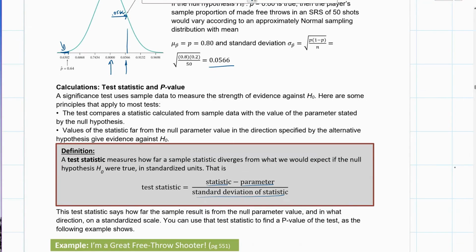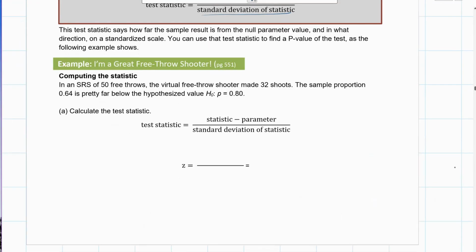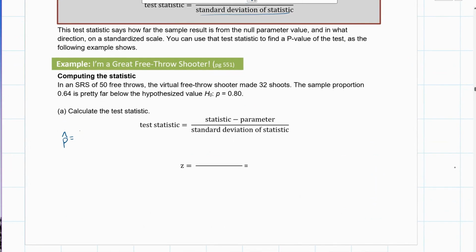So let's compute that test statistic. We have that the z value is going to be a statistic. And remember that the p hat value was 32 over 50, which is 0.64. So our statistic is 0.64. Our parameter is the parameter given in the null hypothesis, 0.80.